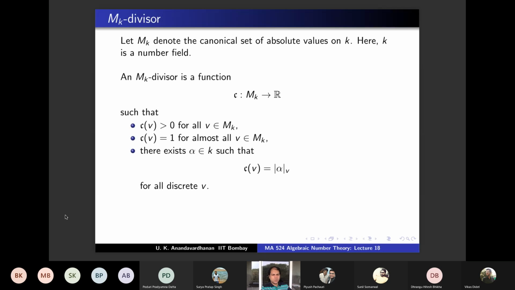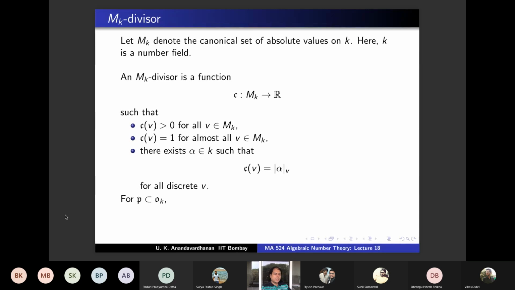So valuation will be 0, and that means absolute value will be 1. So these are the basic examples. You fix an alpha in K and take V going to mod alpha V for the fixed alpha. So more generally, at the Archimedean places, you can prescribe any other real number, and those will be extra functions like this. Okay, so those are all MK divisors.